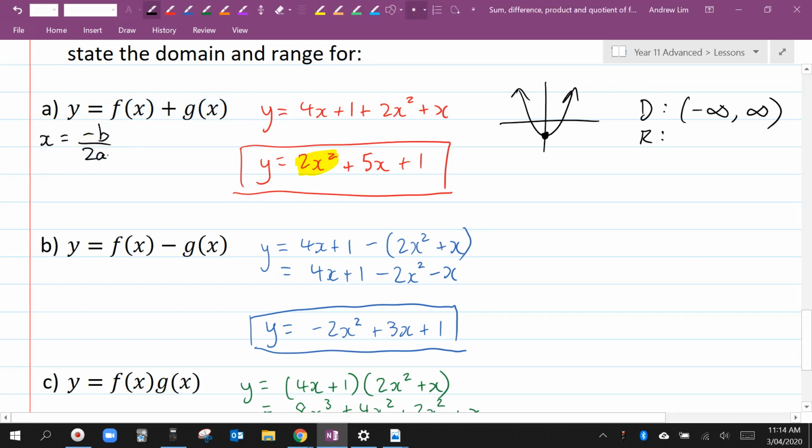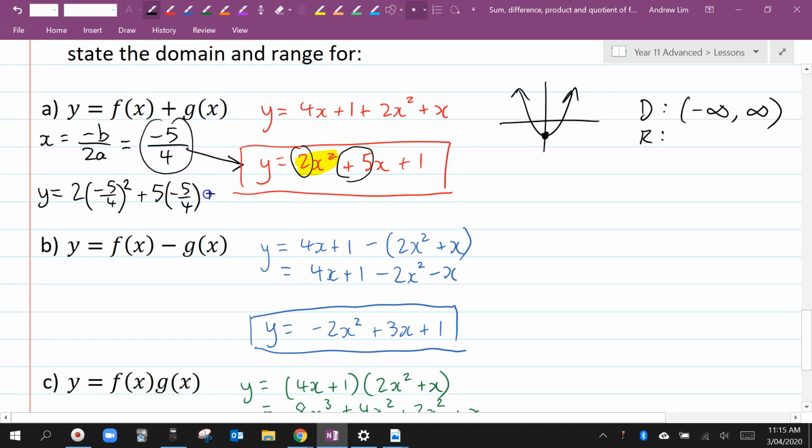This should look familiar to you. According to this, b is 5, so minus b is minus 5. A is positive 2, so 2a is 4. So if we want to work out the y value, we're just going to substitute that minus 5 over 4 into that equation. 2 lots of minus 5 over 4 squared plus 5 lots of minus 5 over 4 plus 1.